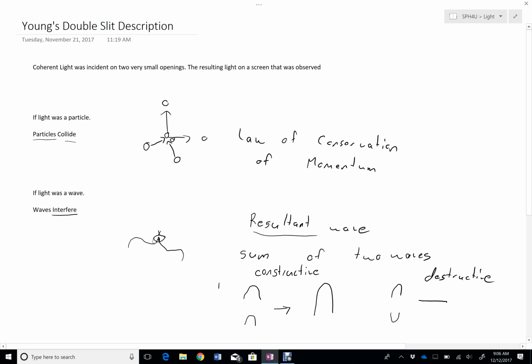It's actually a direct sum. So if this one was 1 high and this one was 1 high, this one would be 2 high. And if this one was 1 and this one was -1, that's how we get an addition to 0. So that's what waves and particles do when they try to occupy the same point in space.